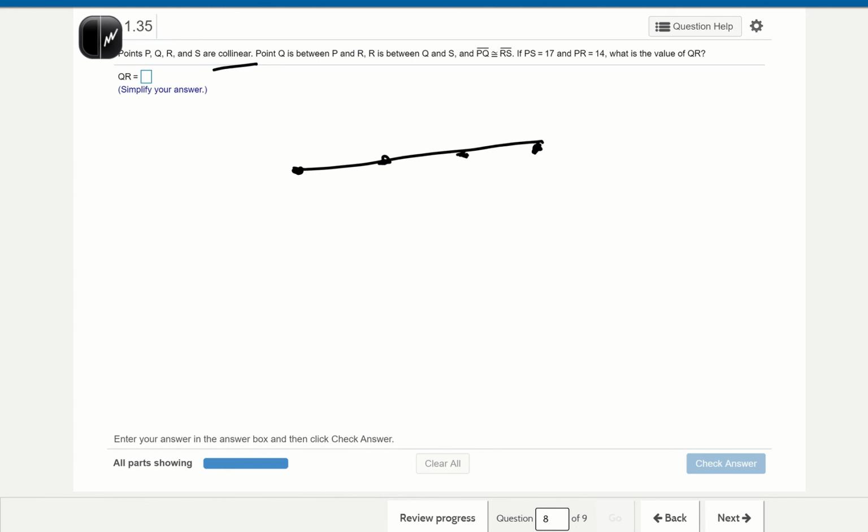So let's say we have one line segment with those 4 points in it. Now it says point Q is between P and R, and then R is between Q and S. So there's our basic diagram.